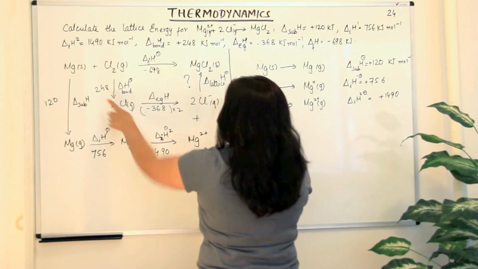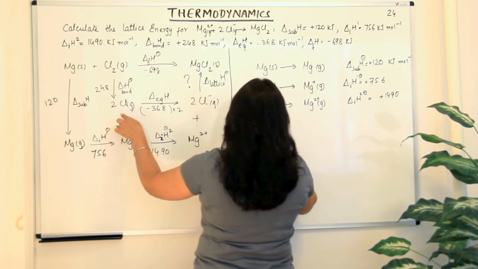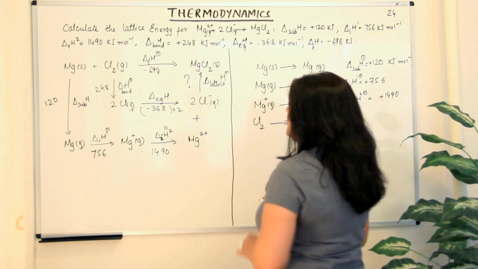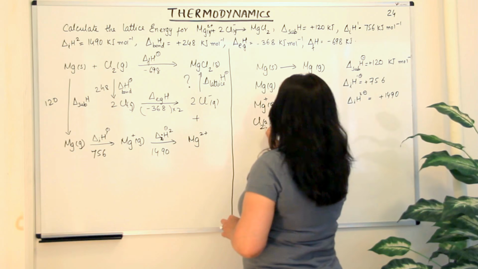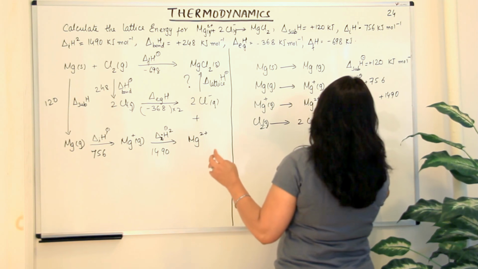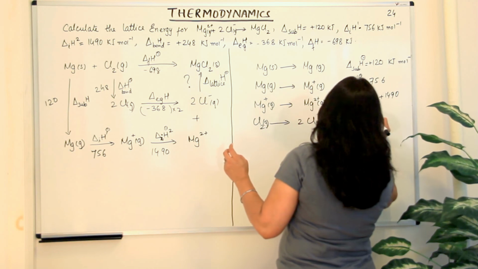In the next step, we now have chlorine molecules, Cl2, breaking down into 2 chlorine atoms, both gaseous. And the enthalpy here was the enthalpy of bond dissociation, or bond enthalpy. And how much is this?